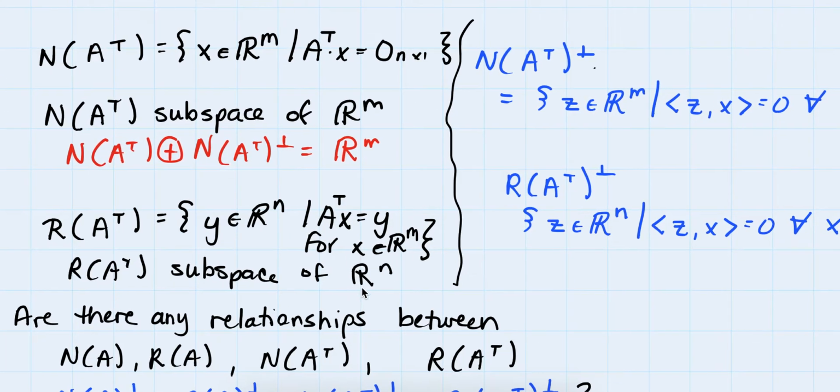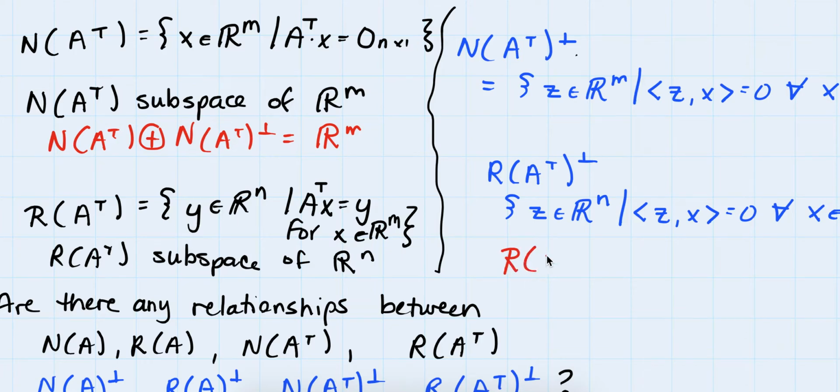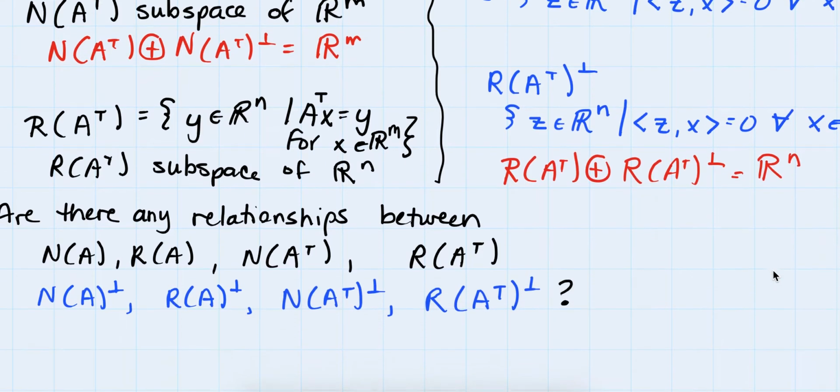And then the range of the transpose, the direct sum of it with its orthogonal complement, is all of Rn. So these direct sums are really important, but there's actually something really interesting about a couple of them. We can actually substitute the range for the null space of a certain one of these, and we're going to see that in just a minute.